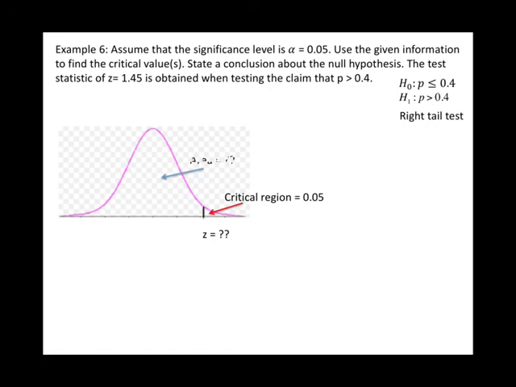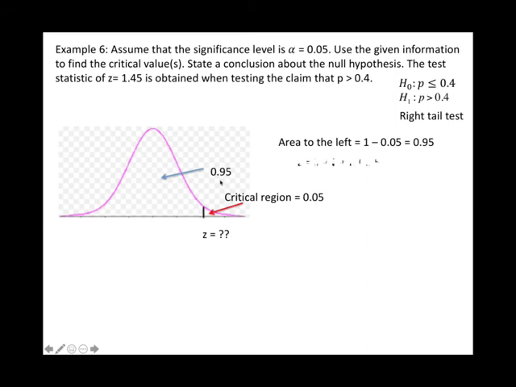So first, figure out what is the area from the left. Total area under the curve is 1, right? So 1 minus 0.05, which is 0.95 here. And then, how can we find out the z-score if we know the area from the left is 0.95?